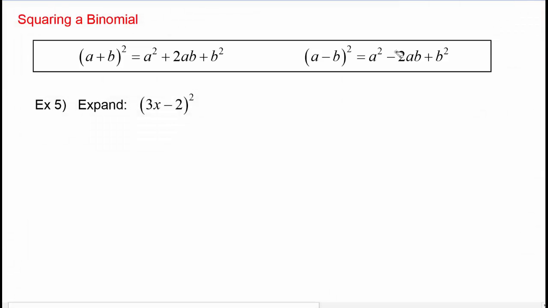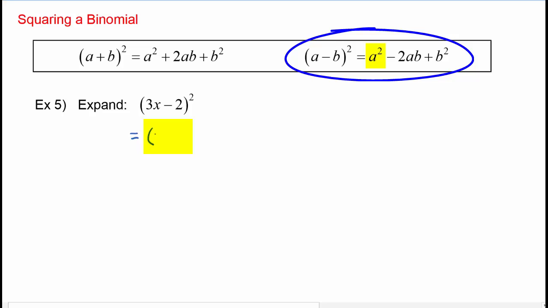So let's look at example 5 and expand quantity 3x minus 2 squared. So applying the rule here, we've got the first term, 3x squared, minus 2 times the first term, 3x, times the second term, 2, then plus the second term squared.